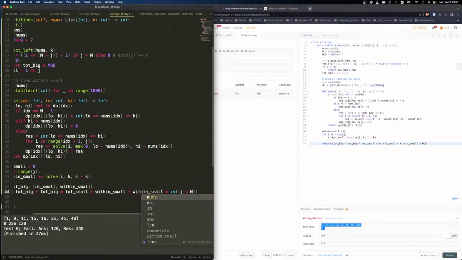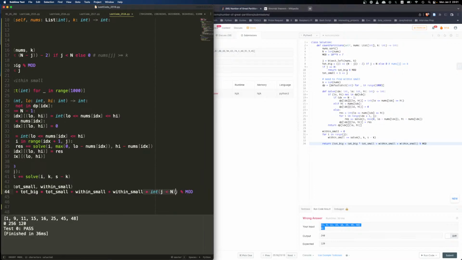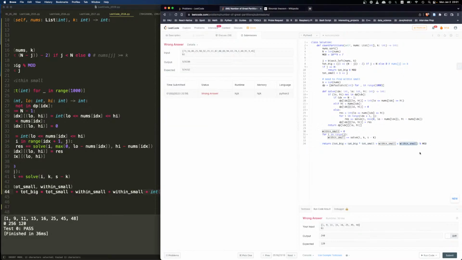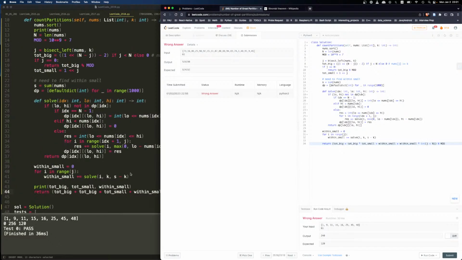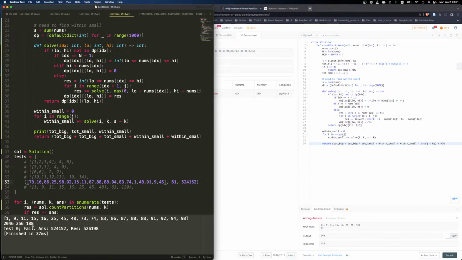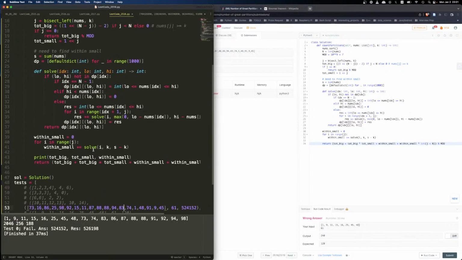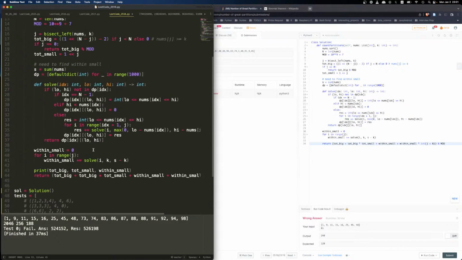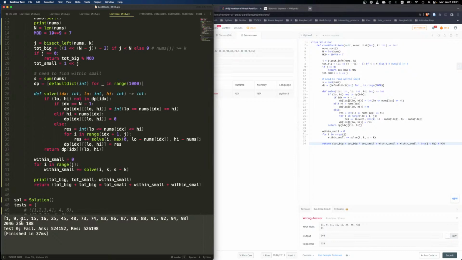J shall be smaller than N. Okay, so this is good. But why would it be 188? Okay, that's the thing. Eight, right? J is 8.